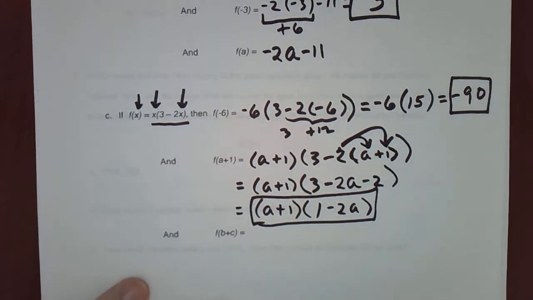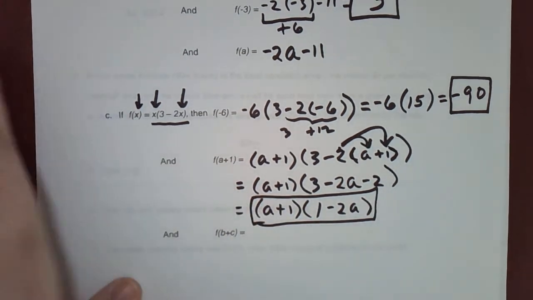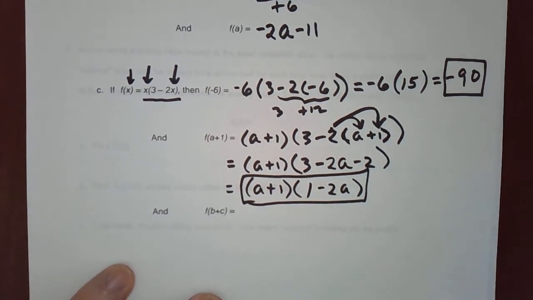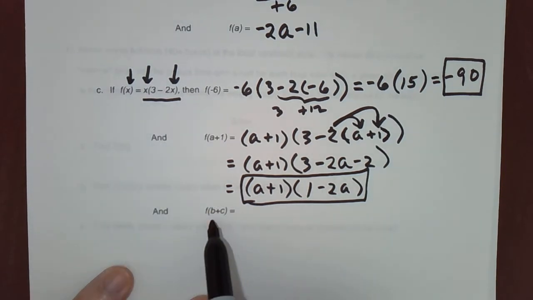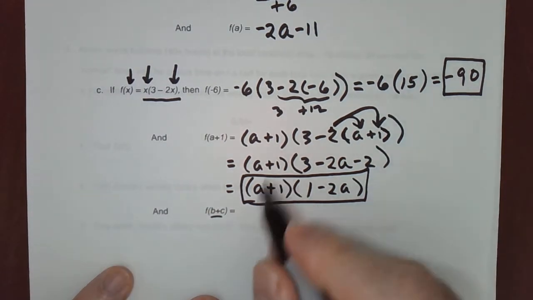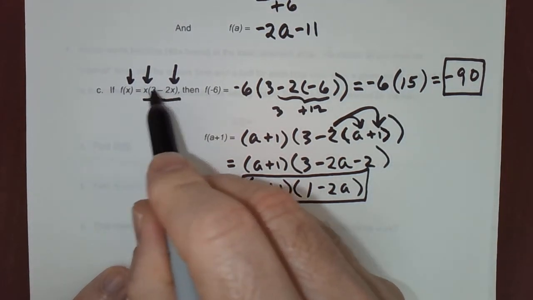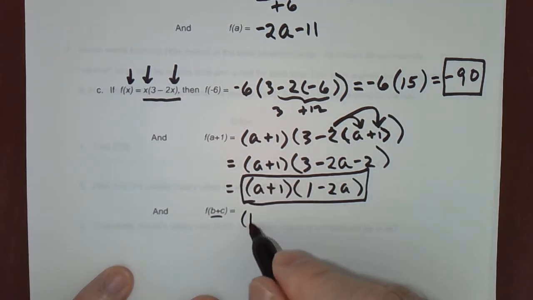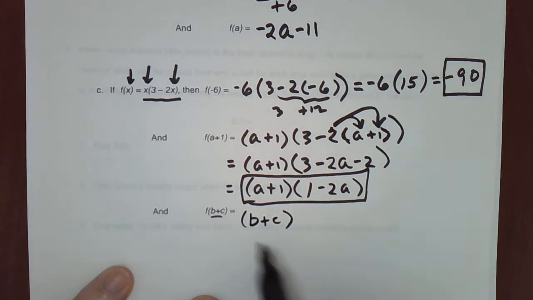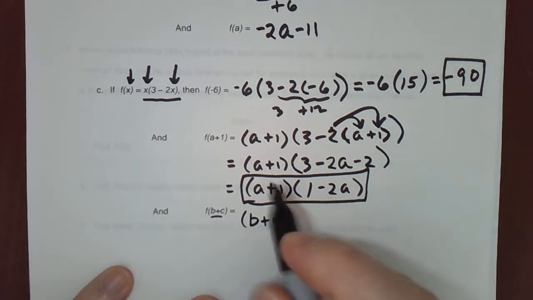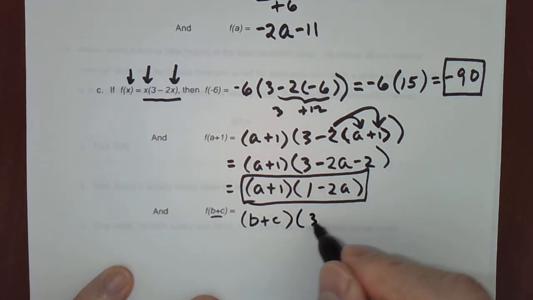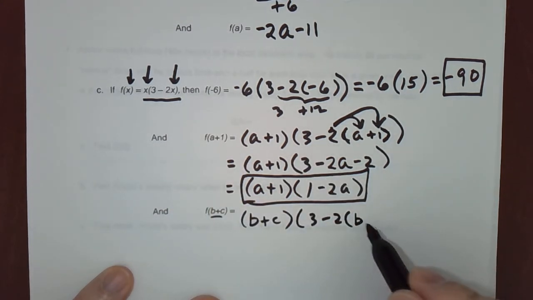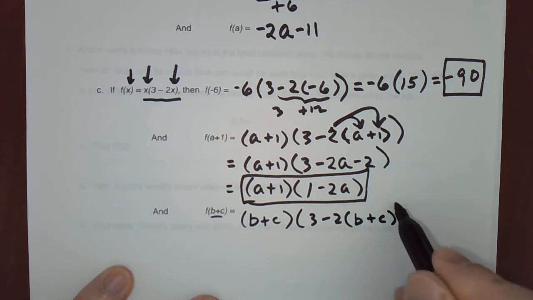All right, the last one on this page is going to be f of b plus c. Well, if x is b plus c, then these x's turn into b plus c in parentheses. So we would get b plus c in parentheses, that's that x, times 3 minus 2 times, and instead of x we put b plus c.